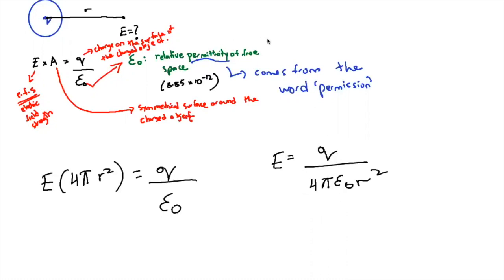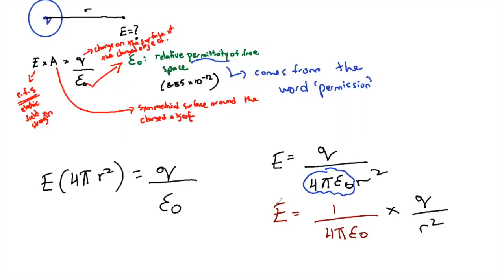You can see that in this whole formula, we have some things which are just constant. So if I want to show that, I would write E is equal to 1 divided by 4 pi E naught, multiplied by Q divided by r squared. Now, this thing right here is constant.